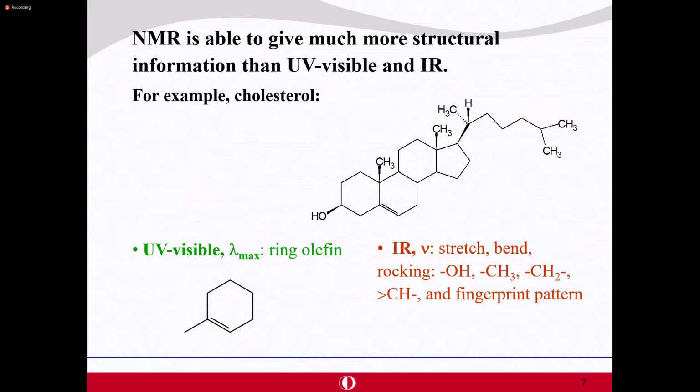Usually these stretching and bending belong to, let's say, the OH groups and methyl groups, so we obtain a fingerprint pattern. In the case of UV visible, we can obtain information about the olefin ring. But if you do NMR spectroscopy, and if it is high resolution, you will obtain a very good characterization of the molecule.